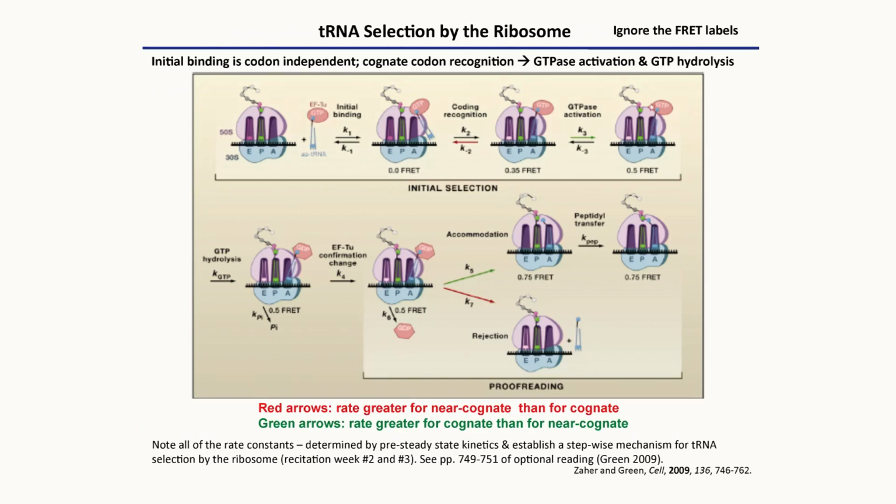So let's look at this stepwise within a cartoon format. You'll see another depiction of this scheme in the recitation notes and in problem set 2. Here we have multiple steps in this overall process. All of these steps have some rate that's been measured by multiple types of methods, and Joanne will be presenting this week on a lot of pre-steady state kinetic analyses that were done to measure these rates.